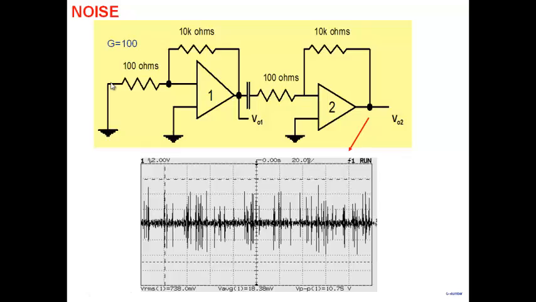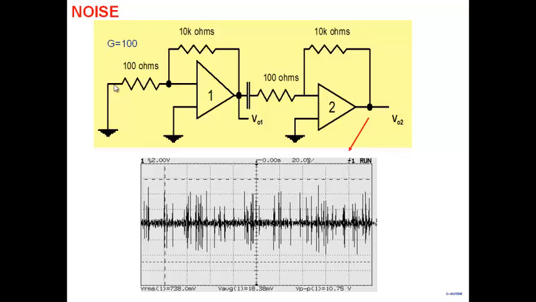Does everybody understand what I mean by input referred noise voltage? It means whatever noise voltage I get at the output, I divide it by the gain of the amplifier, and I put that noise voltage in series with the amplifier. I call this the input referred noise voltage. Let's say it is 0.1 millivolt. How much signal can I amplify then?